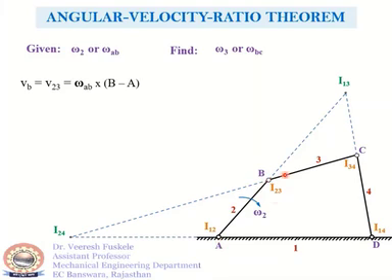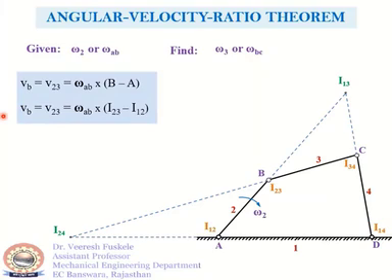Point B or I23 is rotating with respect to point A. So this can be written as VB is equal to omega AB, that is omega 2 into I23 minus I12. That means this distance AB.